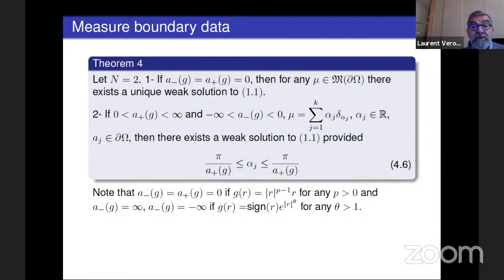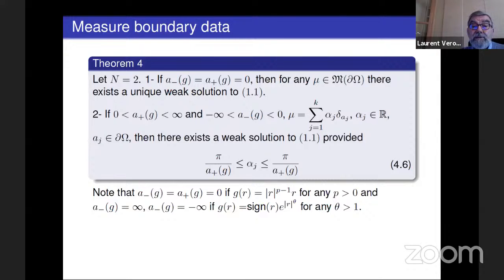Notice here that if g of r is absolute value of r to the p minus 1 times r for positive p, then a minus of g and a plus of g are 0. So that means that you can solve the problem for any measure.